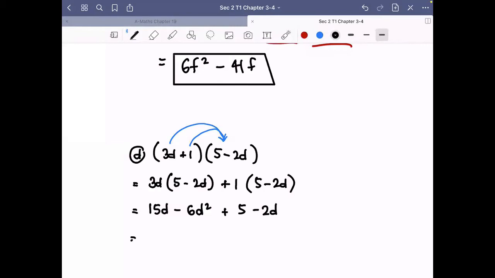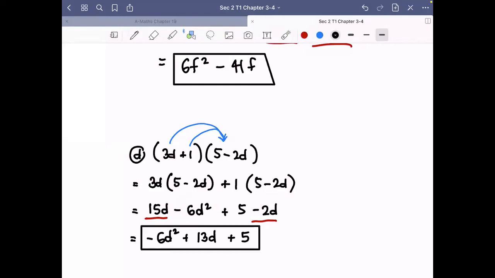So negative 6D squared. And then I can simplify 15 and negative 2. So that gives me positive 13D and then plus 5. So therefore, if I cannot combine any terms anymore, that's it. So that's your answer. Negative 6D squared plus 13D plus 5.